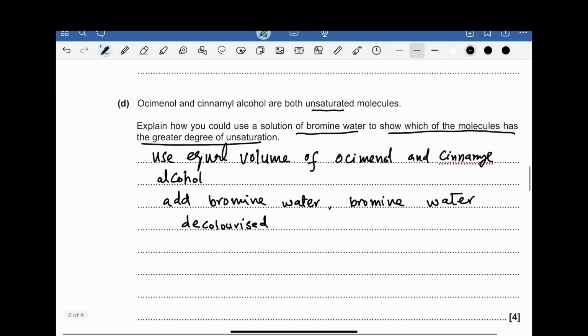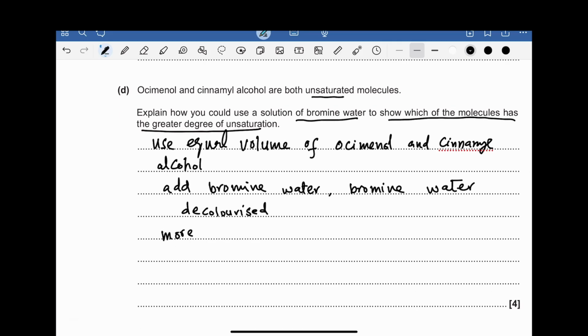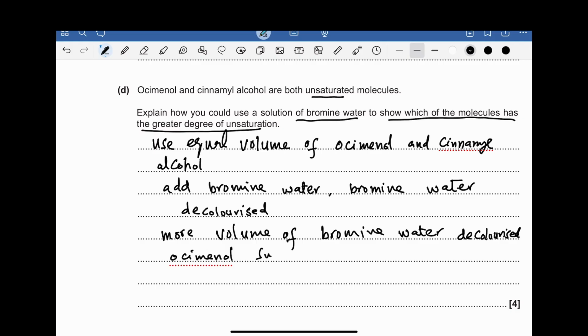More volume of bromine water decolorized by cinnamol suggests more unsaturated cinnamol molecules.